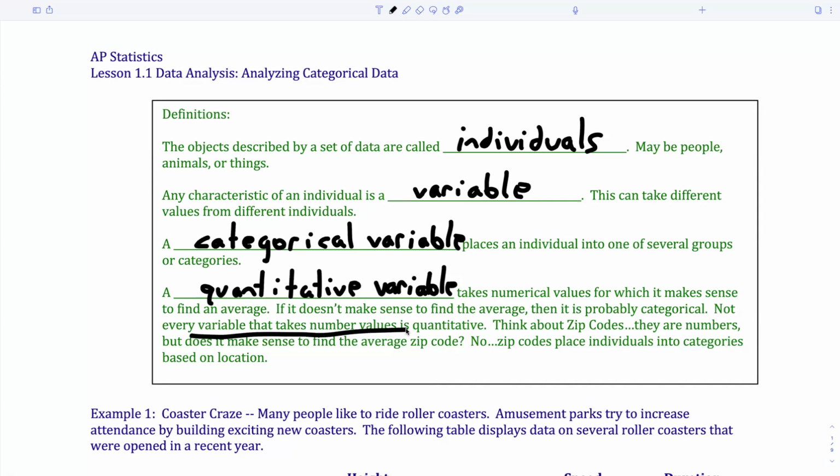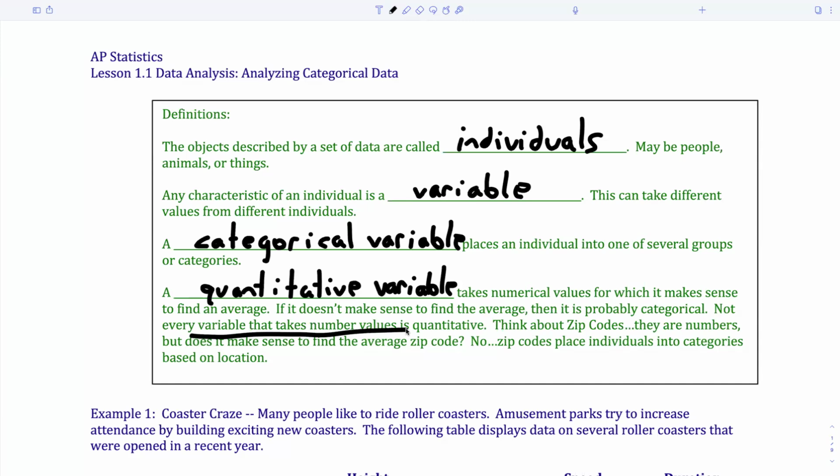They are numbers, but it doesn't make sense to find the average of a zip code. Therefore, it's probably categorical. So if you can find the average of a certain type of variable, then it is quantitative. So your GPA, for example, is a quantitative variable. What class you are in, as I said, is a categorical variable.